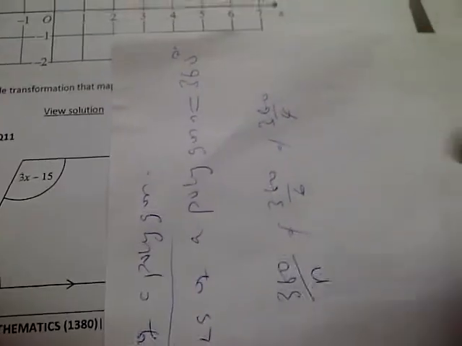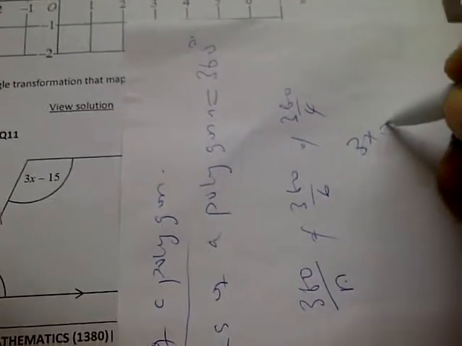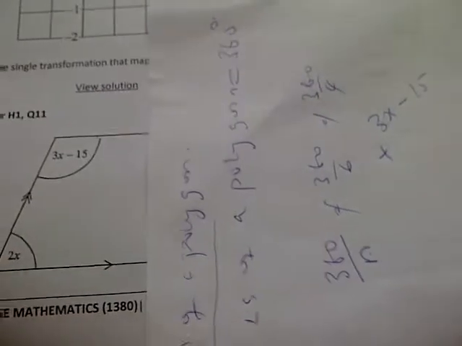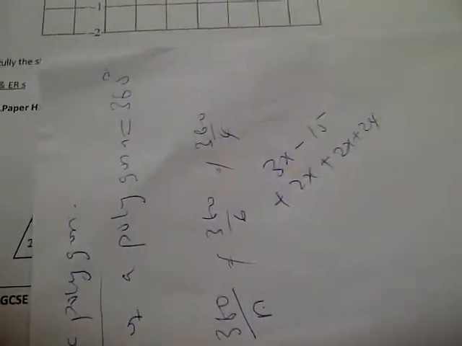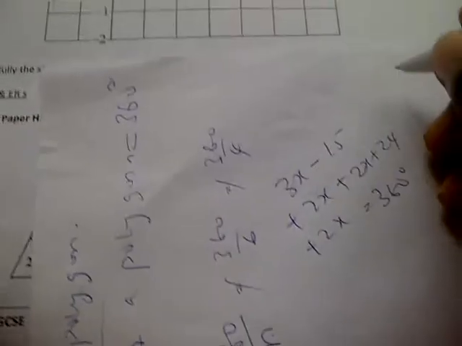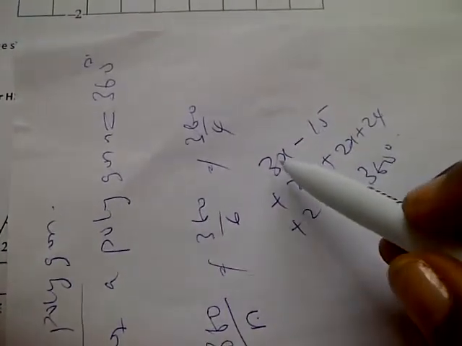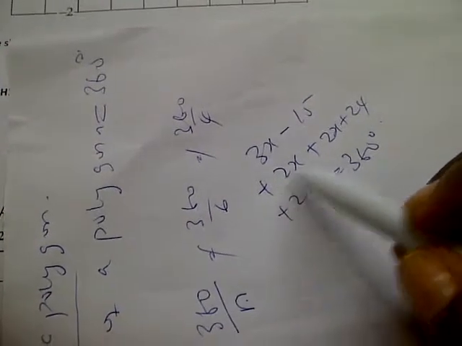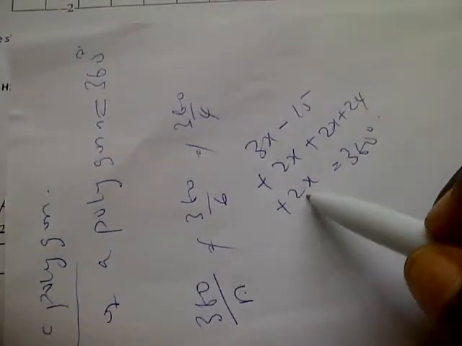Okay, now trying to do that, we'll have 3x minus 15 plus 2x plus 2x plus 24, then plus 2x, equals 360 degrees. Okay, so now we have to gather like terms. 3x plus 2x is 5x, plus 2x is 7x, plus 2x is 9x.